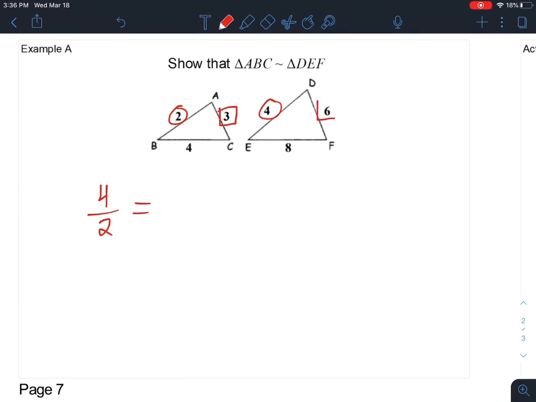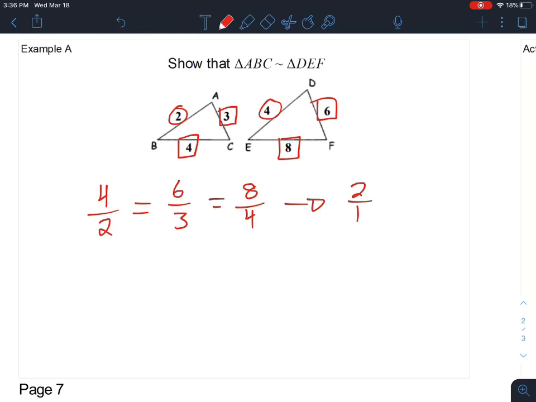Then the next part is I'm going to use 3 and 6. And the last part, 8 and 4. And we see that all 3 of those fractions will simplify to become 2 over 1, or just 2.